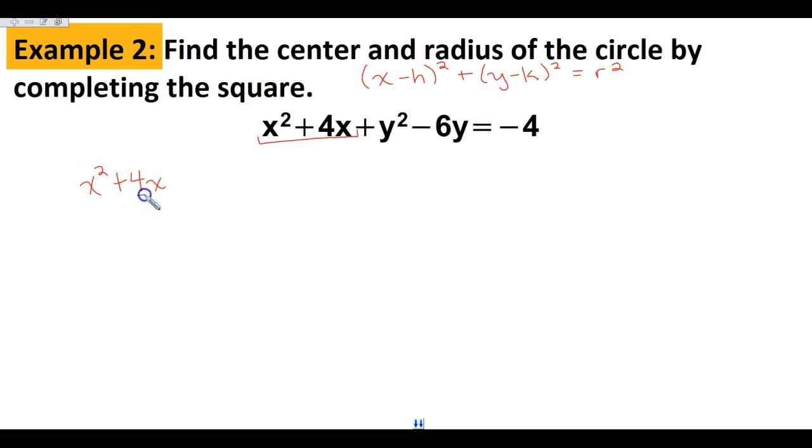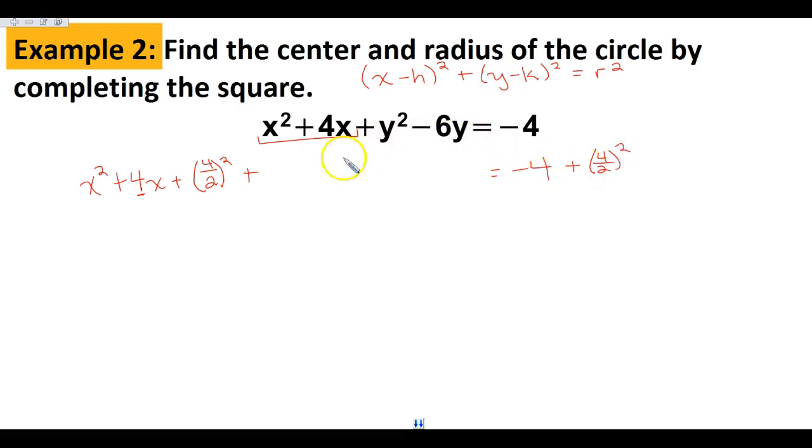This is my b term, because remember it's ax squared plus bx plus c. I'm going to divide it by 2 and square it, and I'm going to add that to both sides. So that 4 over 2 squared, we're going to add to both sides.